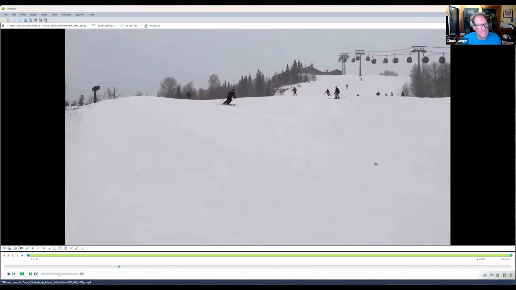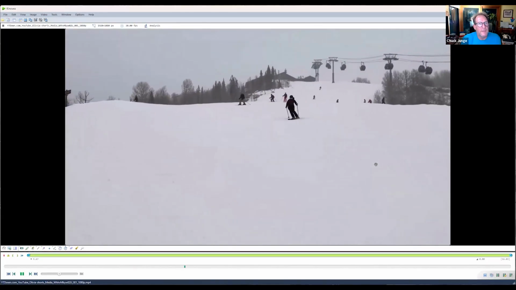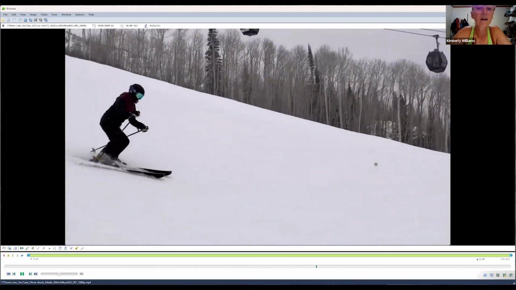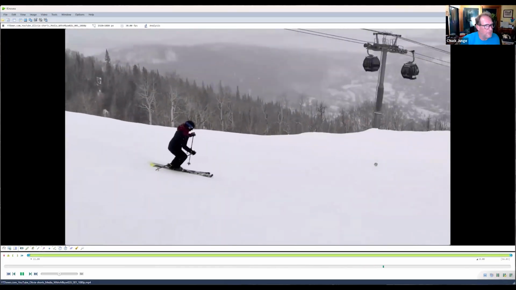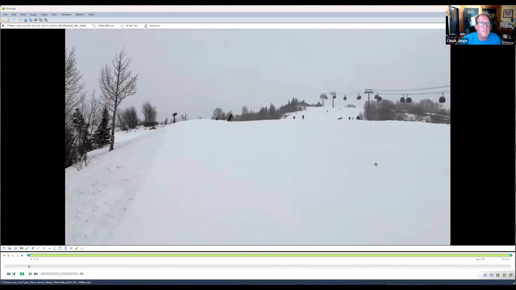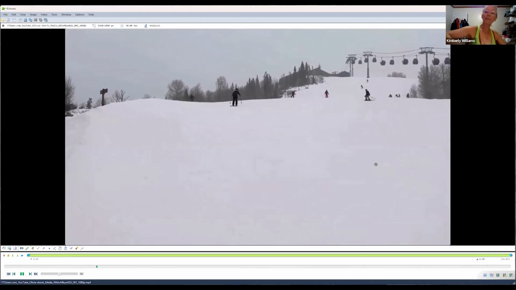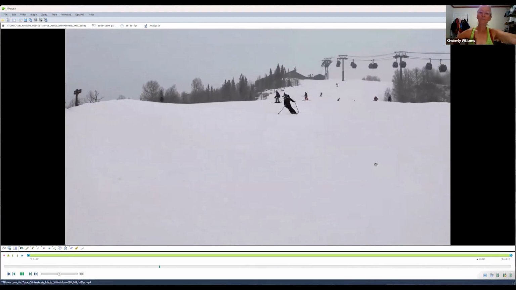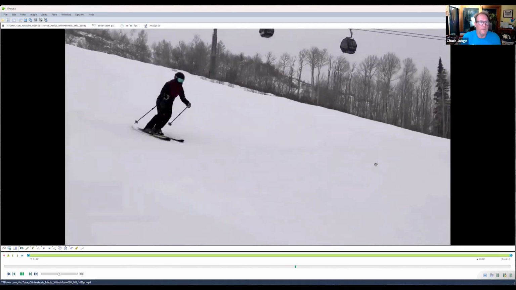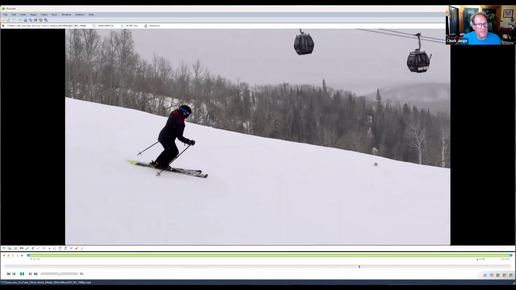Which shoulder, inside or outside? Outside. When she plants the pole, it's her outer shoulder. The outer shoulder kind of comes this way, doesn't it? Pretty briefly.